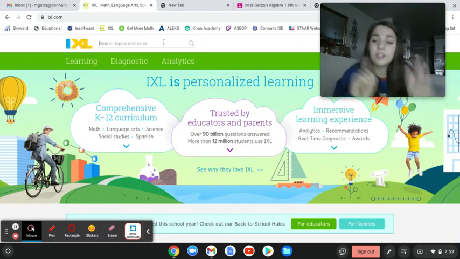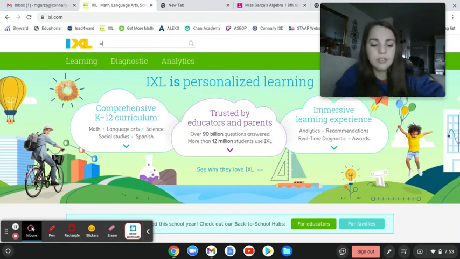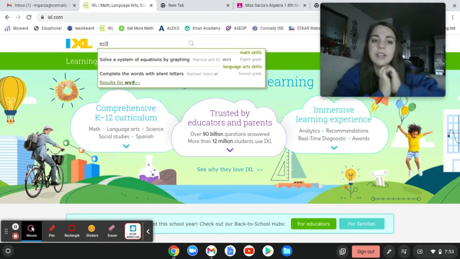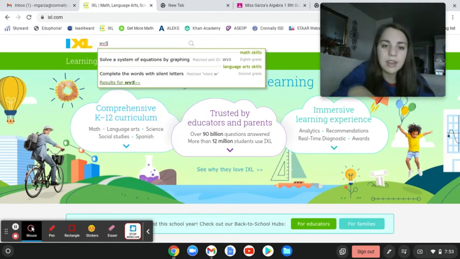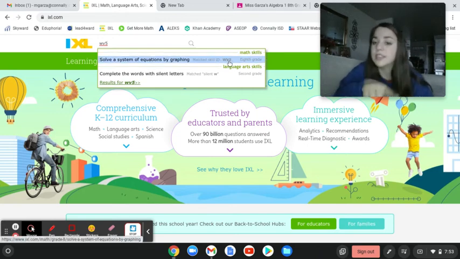Go to the search bar, which is up here, and type the code WV5. Right underneath, a little drop down box comes up and it says solve a system of equations by graphing, matched WV5. That's the one you click.